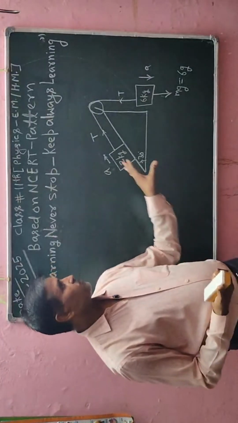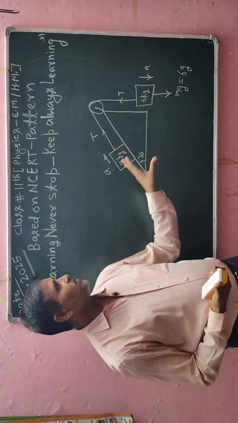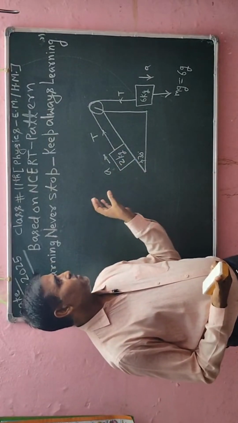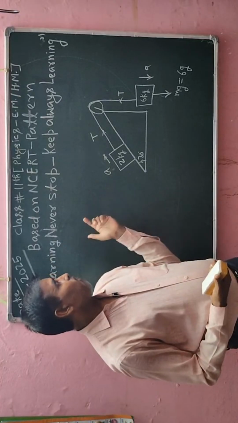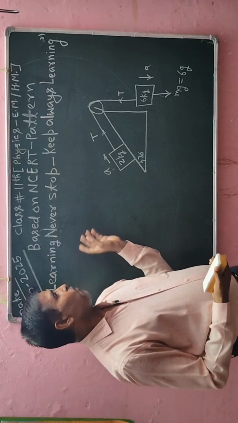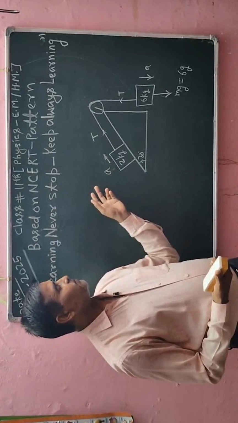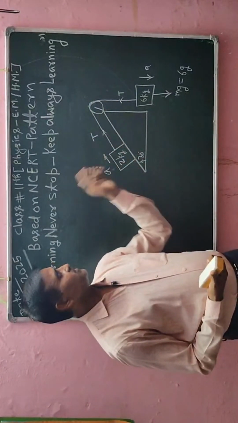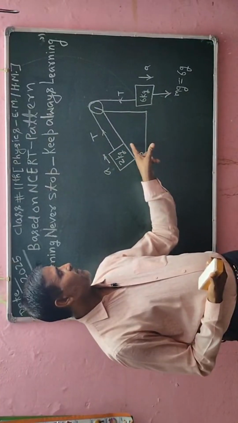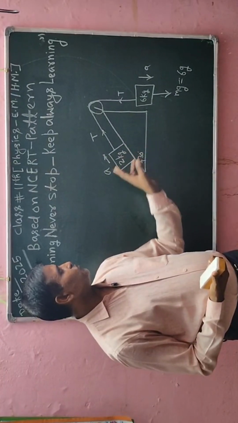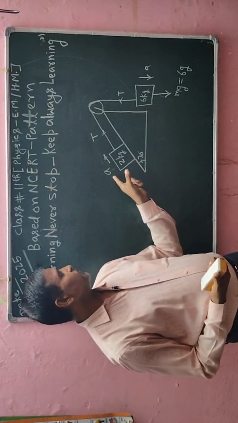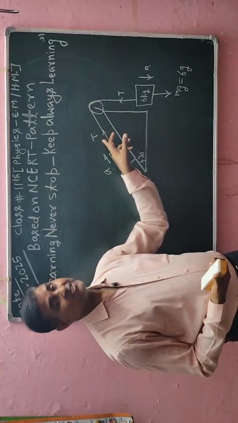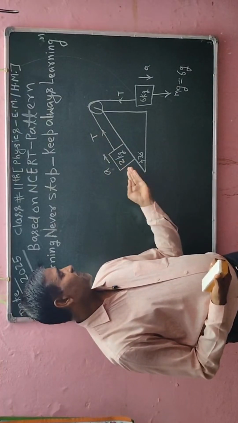According to the figure I will write its numerical information, and then I will use the concept of two objects which are connected by a string and passing over a pulley. That concept I will implement here, and after implementing I will calculate the value of the unknown parameter which is a, and also the other unknown parameter, that is T.